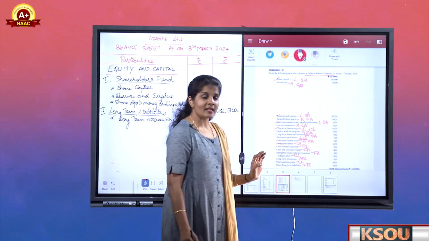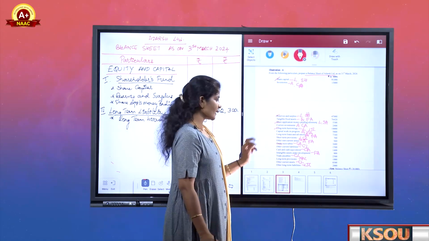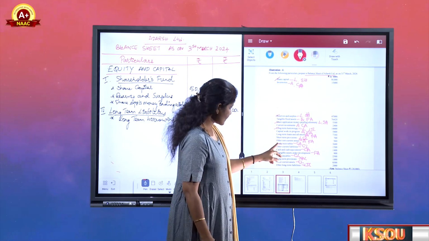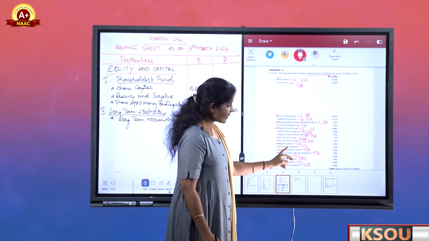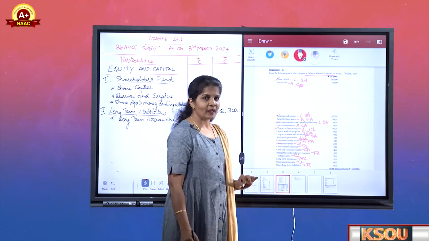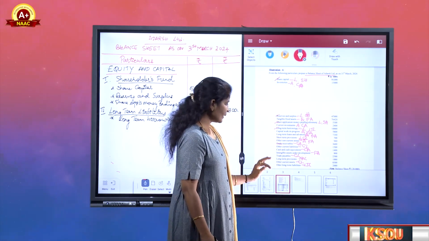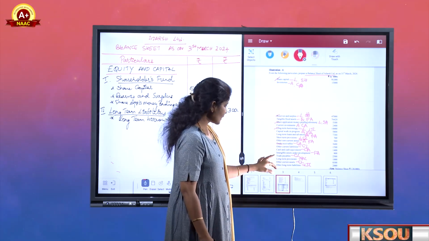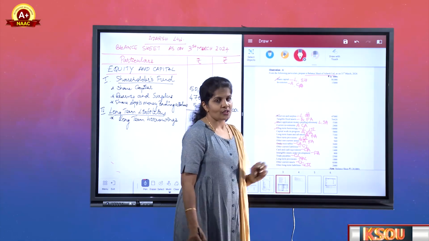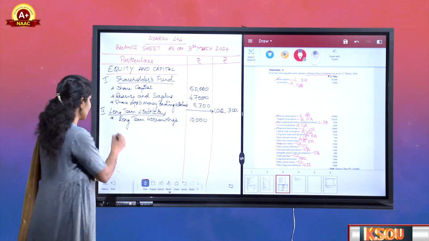Long-term loans and advances is an asset. Short-term provisions, it is a current liability. Other non-current asset, trade receivable, asset. Other current liability, it is a current liability item. Cash and cash equivalents, it is a current asset. Then intangible asset under development, it is a fixed asset. Trade payable, current liability. Long-term provisions we have. Long-term provision is nothing but a non-current liability.